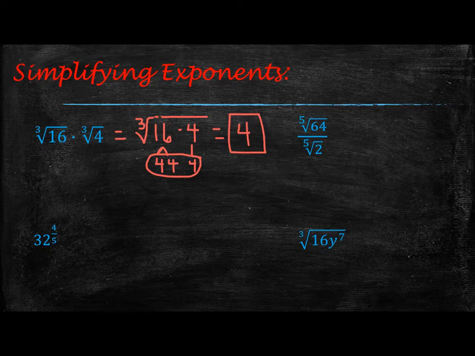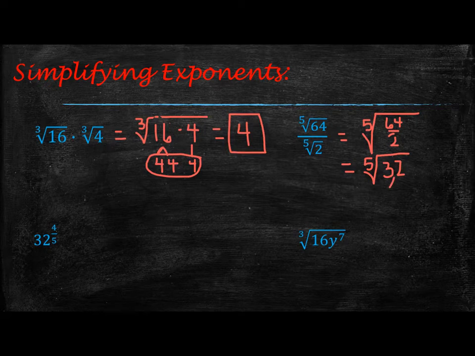Now let's look at this next one. The fifth root of 64 divided by the fifth root of 2. Again, since we have the same radical, we can combine them under one radical. So I'd have 64 divided by 2 under the fifth root, and then just simplify that. That's the fifth root of 32.